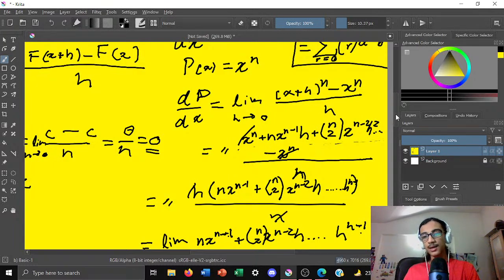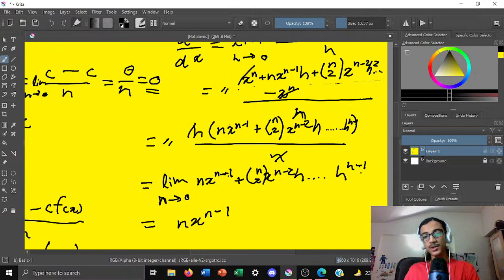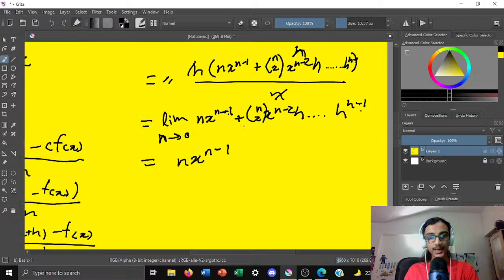Then everything except the first term has h, so we cancel h, and once again everything except the first term has h. So as the limit of h approaches 0, all those terms will also approach 0, hence we're just left with the first term, nx to the power n minus 1, as our answer. And you can confirm that this works by proving a variety of different functions using the definition, but yeah, this is the proof for the power rule.